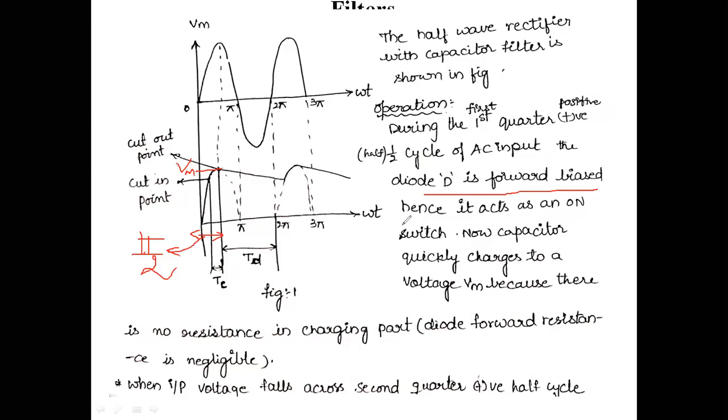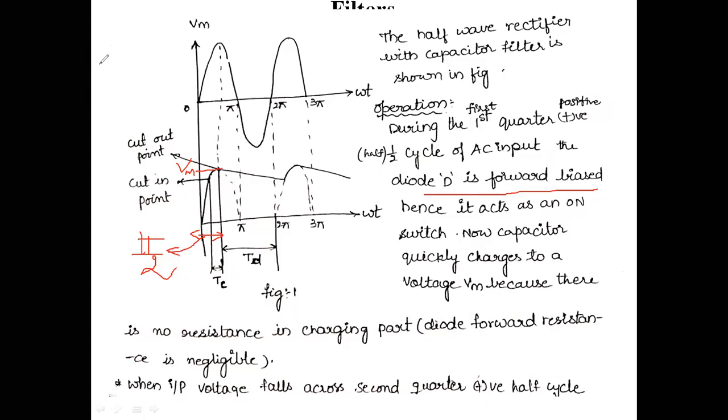It will charge to the maximum voltage Vm because there is no resistance in the charging part. It is given that the diode forward resistance is negligible.